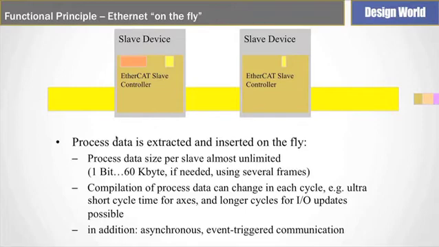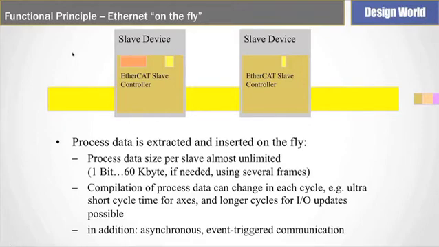So the master packs up all of the data for the entire network into one or multiple frames that are fired out, and they traverse through the entire network. It's a raw Ethernet frame, and there's no routing of individual frames to individual slave nodes via active infrastructure.